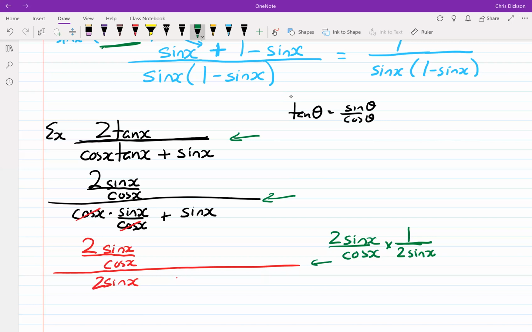And I think you can clearly see now you're going to get even more simplifying here, because the 2 sine x will cancel the 2 sine x, and that gives you 1 over cos, which is simplified. But we could go one more step, because cosine, if it's flipped, is the same thing as secant. So this would be the same as the secant of x.